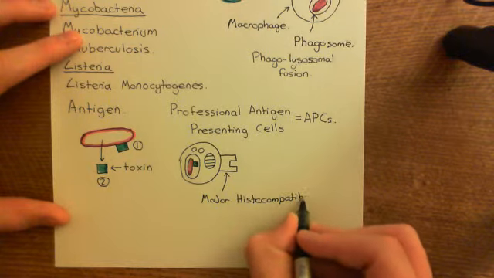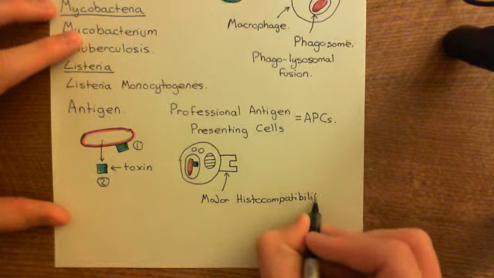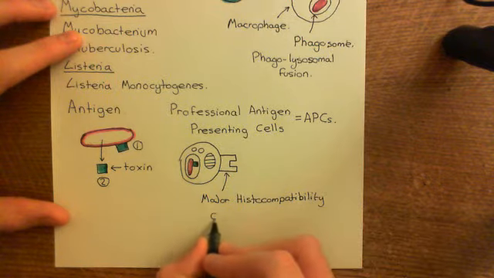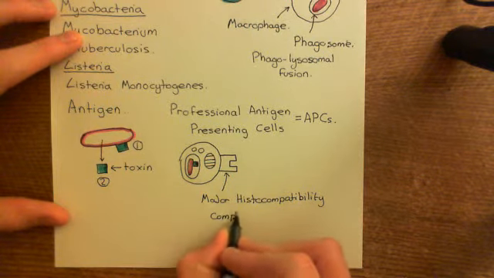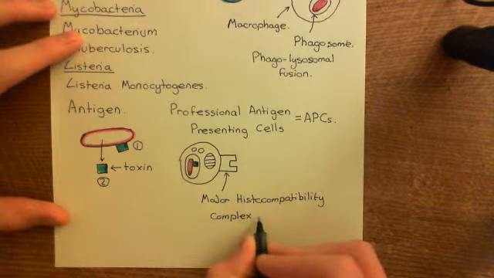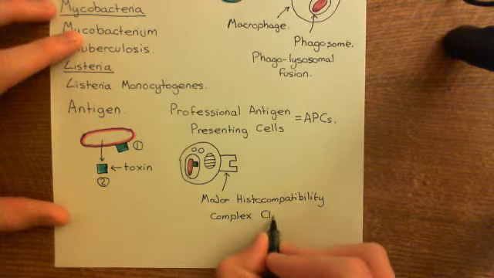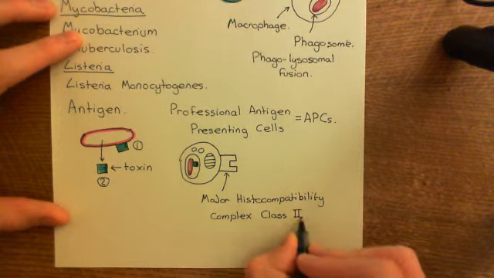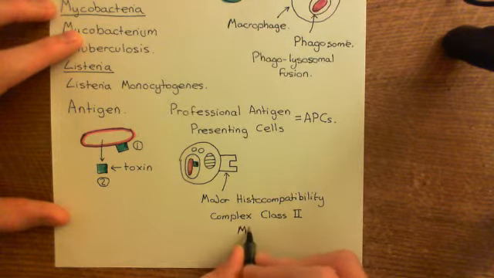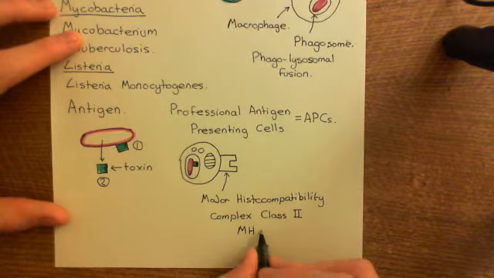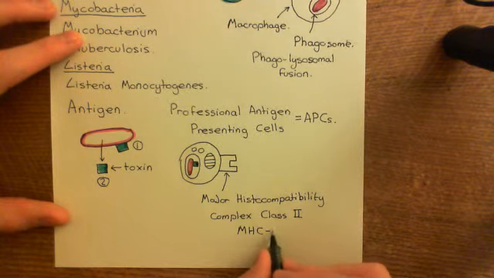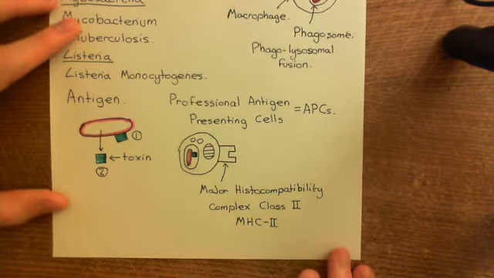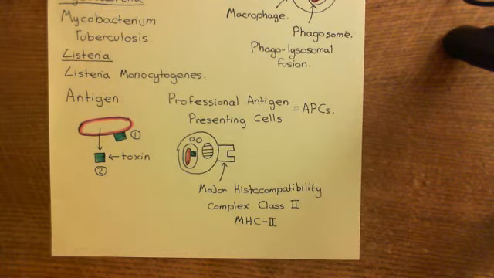Because Major Histocompatibility Complex Class 2 is a bit of a mouthful, this is often just abbreviated to its initials, which are MHC, and then you put Roman numerals 2. So M for major, H for histocompatibility, C for complex, and then just a 2 like that with a dash in between the two. Okay, so MHC Class 2.